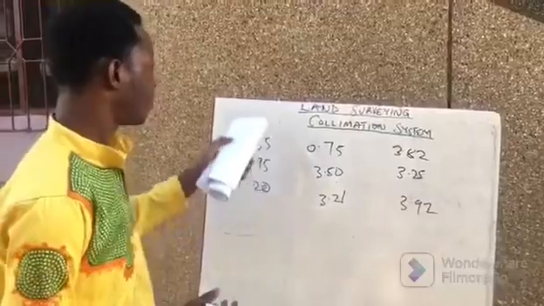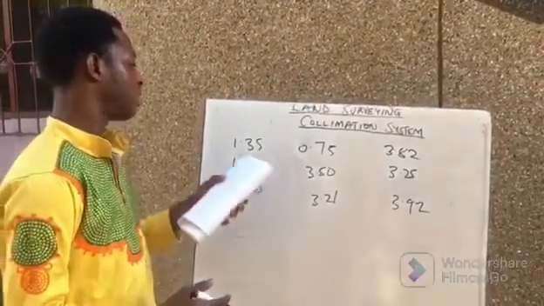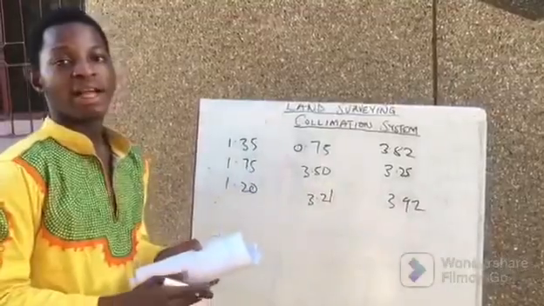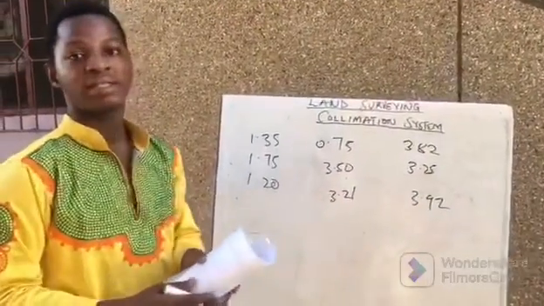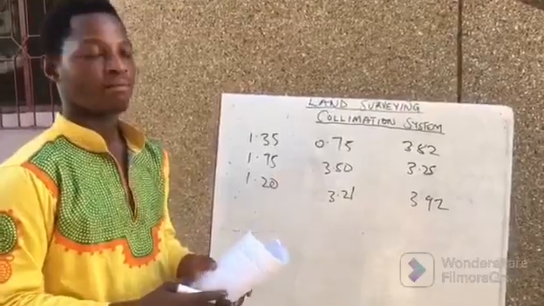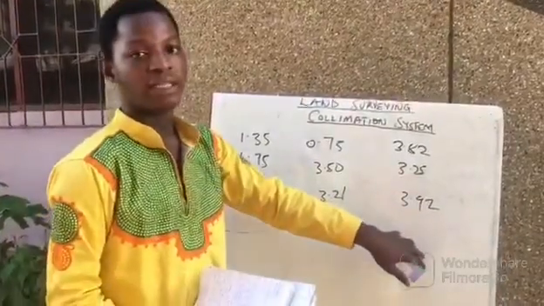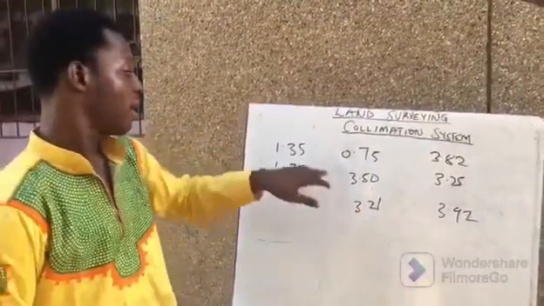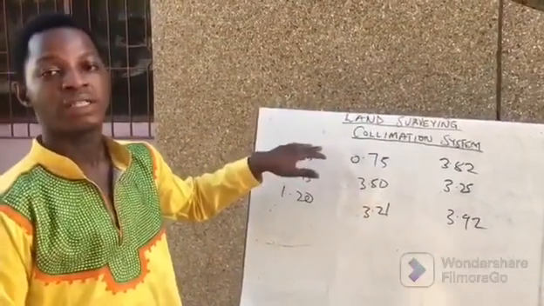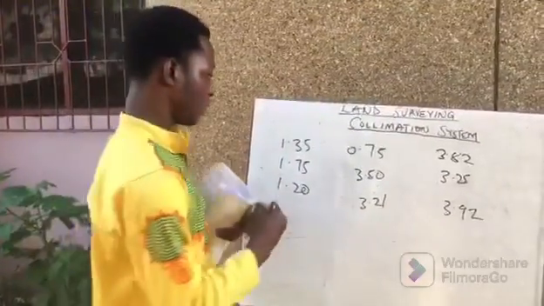From the values given in the question, you can see that 1.35 is a back reading because it's the first reading of the staff. And always the last reading is the foresight, since it's the last reading of the staff, and the first reading is always the back side.